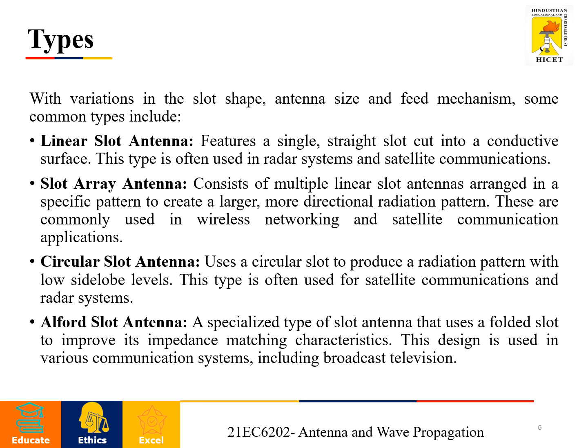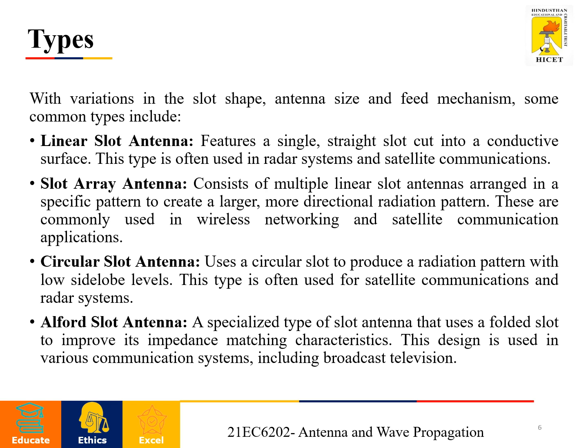Slot array antenna consists of multiple linear slot antennas arranged in a specific pattern to create a larger, more directional radiation pattern. These are commonly used in wireless networking and also satellite communication applications. Next one is circular slot antenna. It uses a circular slot to produce a radiation pattern with low side lobe levels.